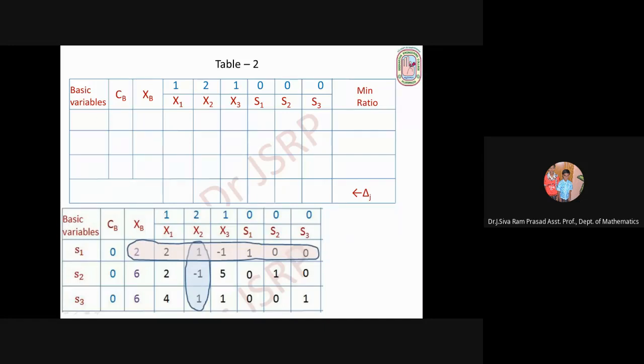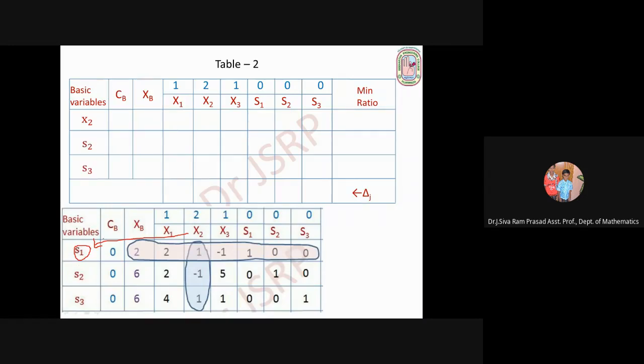Right. First, to fill the basic variables, observe the previous table. This S1 is replaced by X2. So first place X2, and the remaining two as they are, S2, S3.